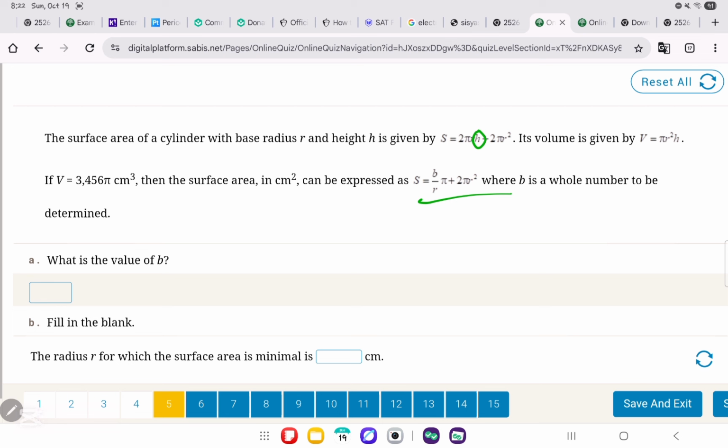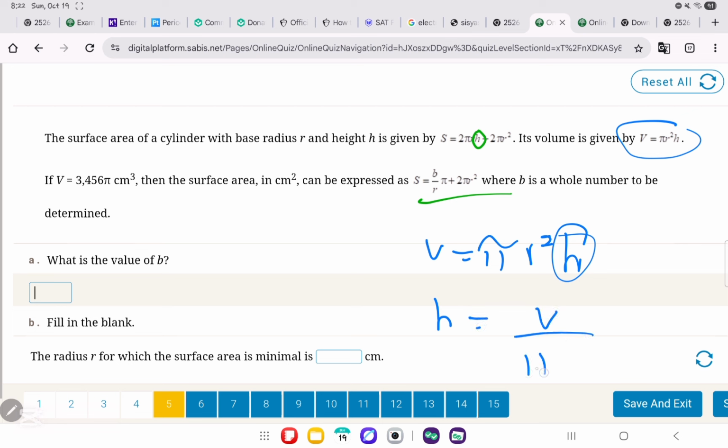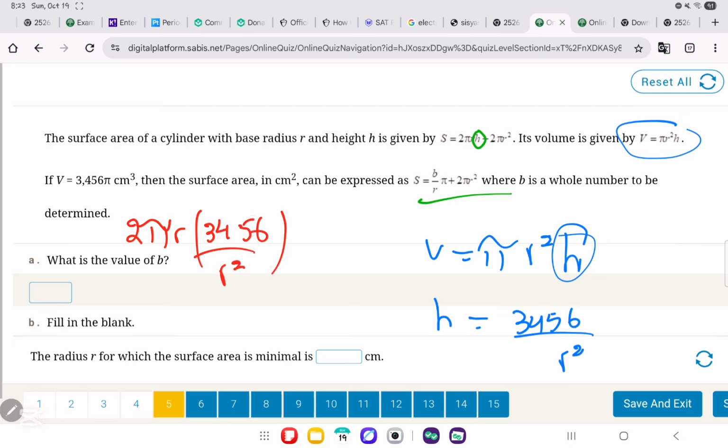We know that from this equation, V equals pi r squared h, we can make h the subject of the equation. So h is equal to V over pi r squared. What's the volume? The volume is 3456 pi over pi r squared. So this and this cancel, and we're left with 3456 over r squared. Now what do we do? We substitute it in the equation of S. So 2 pi r h, instead of h you put 3456 over r squared, plus 2 pi r squared.